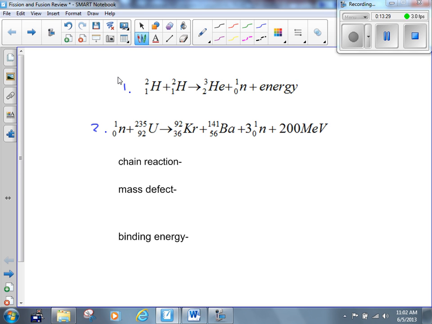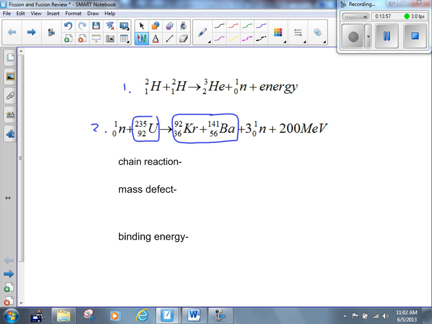Good. We did fission first, so you kind of expect fission to be listed first on the board here. It's not. Fission is number 2, and fusion is number 1. We can tell that because, independent of the neutrons, forget about the neutrons when you're trying to identify what's what, we can see that in equation 2, one big element splits apart into 2 lighter nuclei. One big one splits apart into 2 smaller ones.